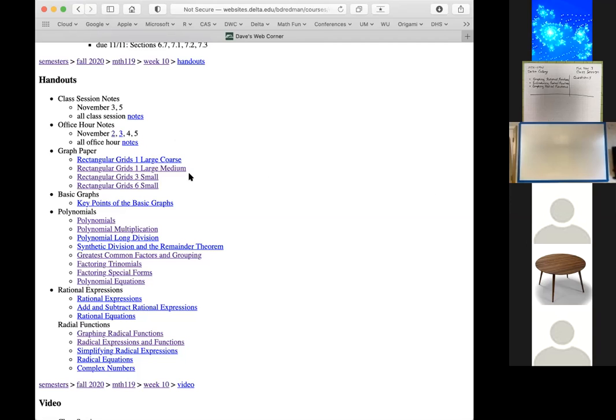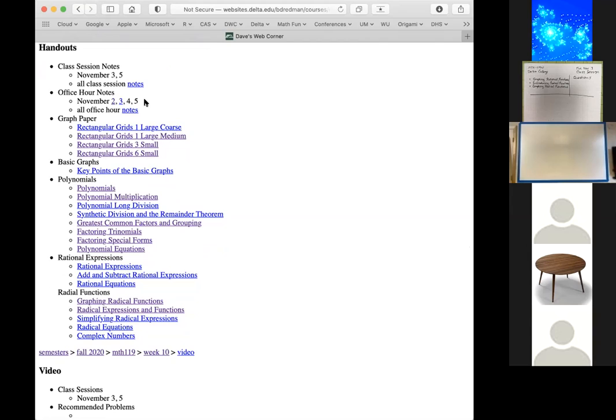These are some handouts that we've been giving you, but I added a new batch down here. Radial functions. Okay, I've got a typo. It's radical functions, not radial functions. I better go behind the scenes and fix that right now, because not only that, there's no bullet there.